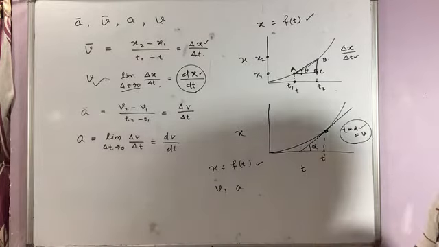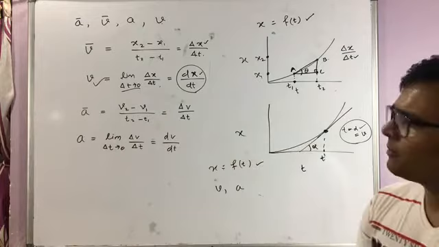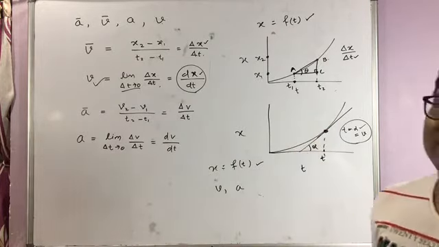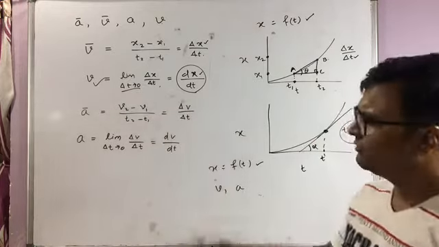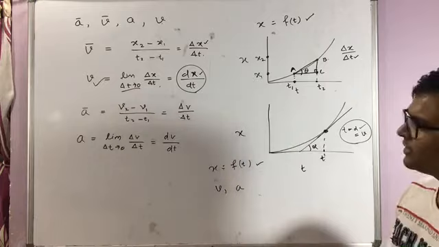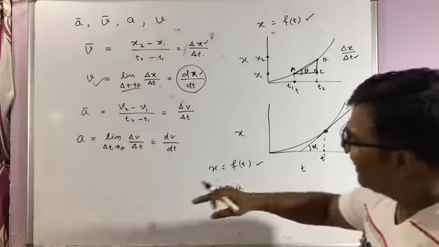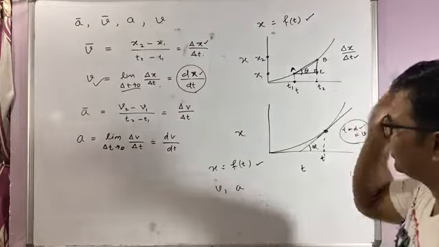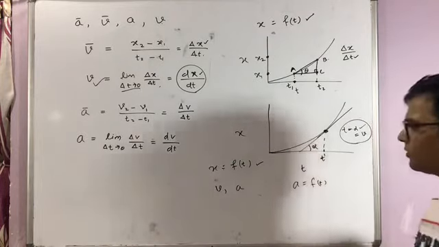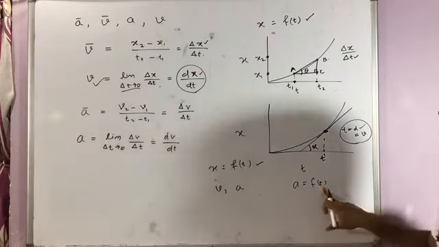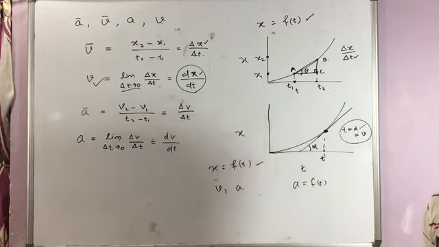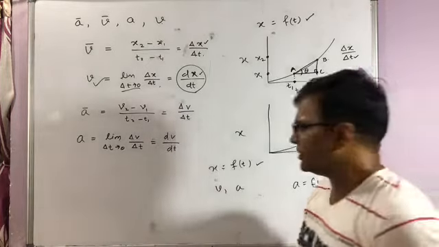So if you are clear about the concept of integration, we know integration and derivative are just the inverse of each other, two inverse mathematical operations. If you know it clearly, then if you go in the backward direction, suppose the function of acceleration is given to you, the acceleration as a function of time given to you, then how can you find the value of your velocity or the function of the velocity?